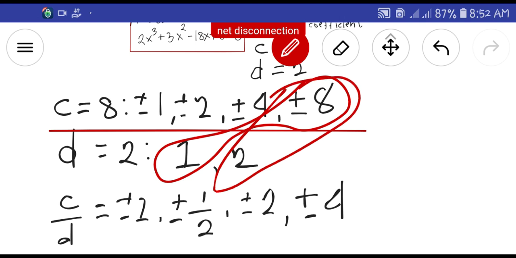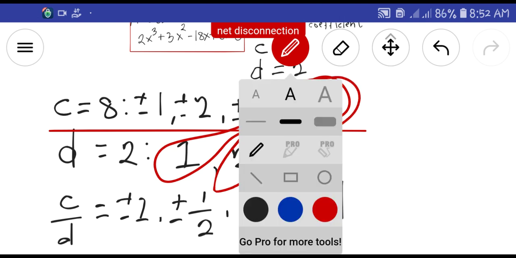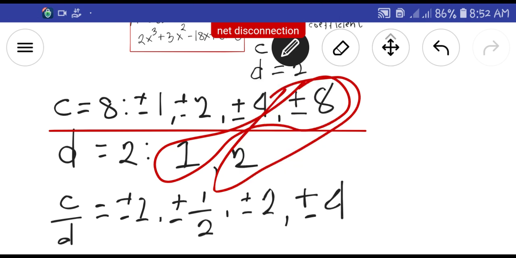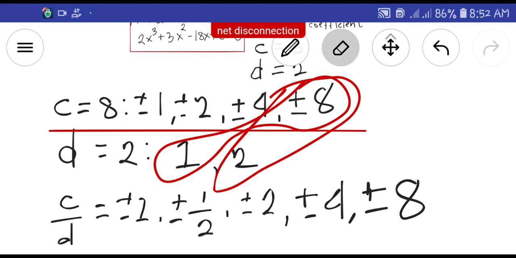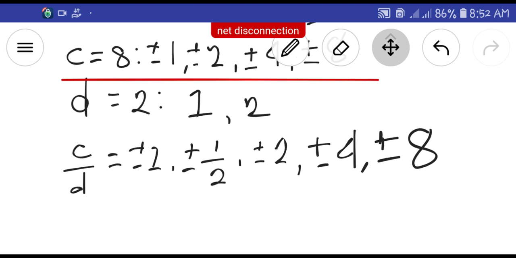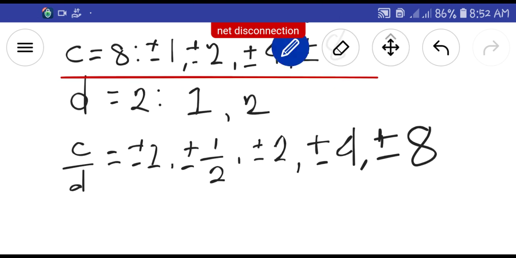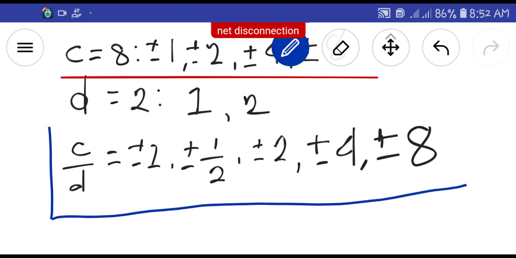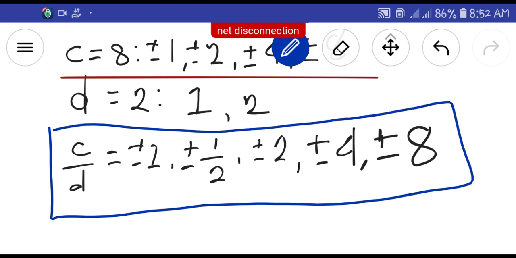So we have another quotient of positive and negative 8. And lastly, we have 4, but we already have 4 here, so there's no need to repeat the quotient. This would be your possible roots. So the quotients of C and D are your possible roots.